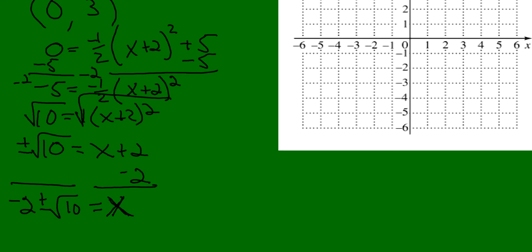Given that I've got negative 2 plus the square root of 10, well, the square root of 9 is close to 10, so that would be negative 2 plus, I'll just say 3, which is 1. A little bit more than 1, actually. And then negative 2 minus 3 is going to be negative 5. These are generally about where your x-intercepts are.